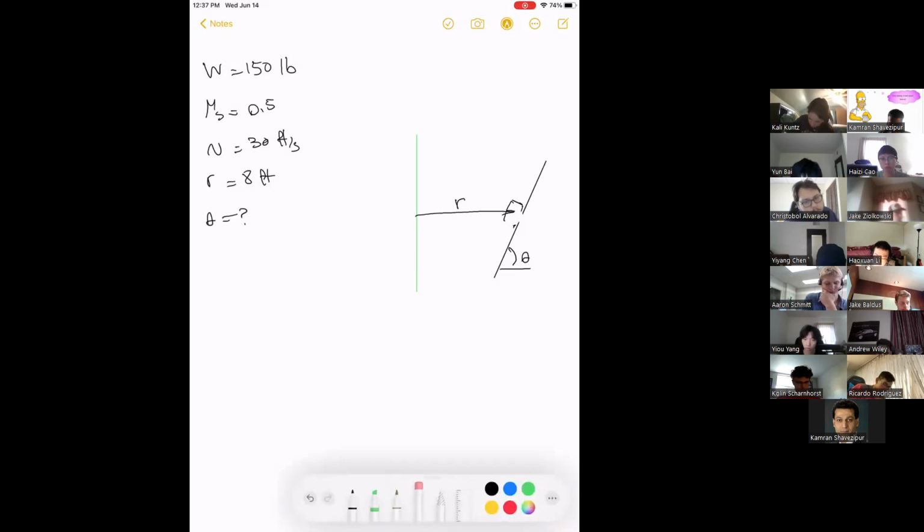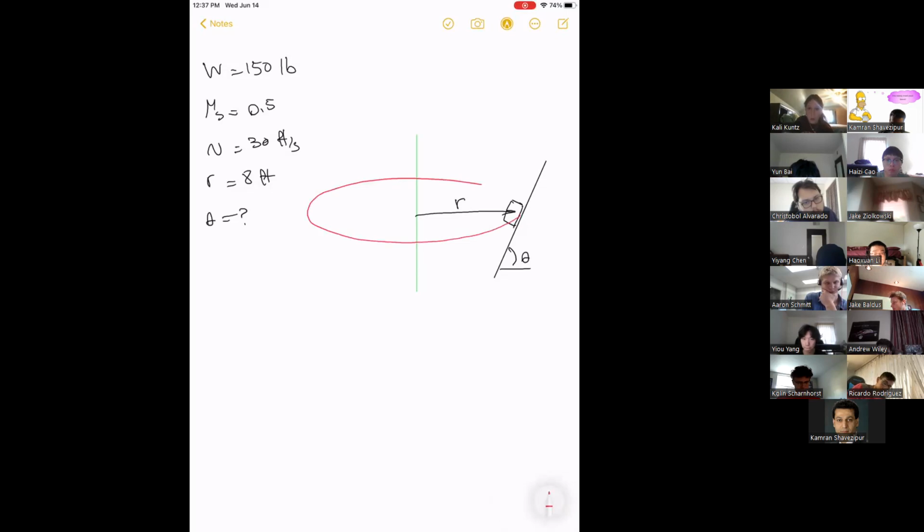Let's just draw something like that. So technically, it moves on a path like this, right? We are looking from the side. This is the radius of the motion.